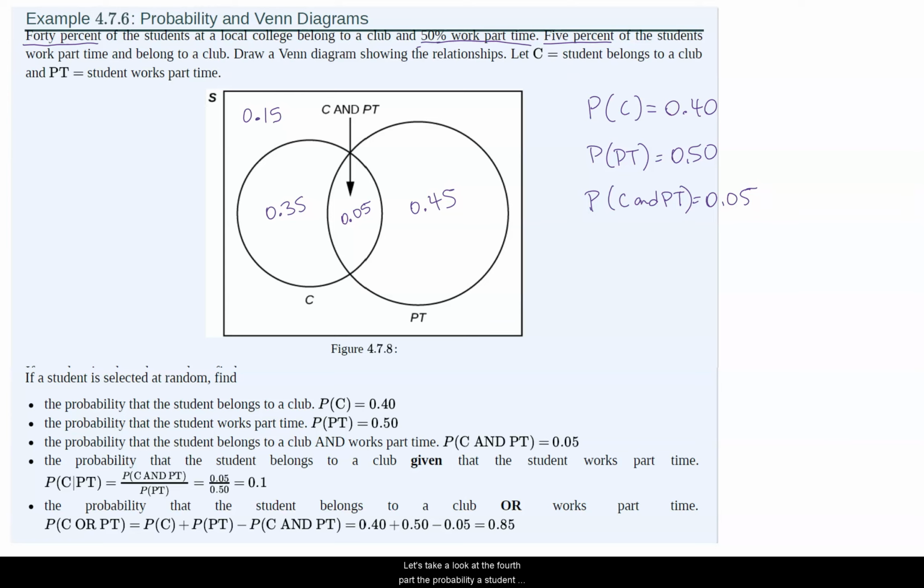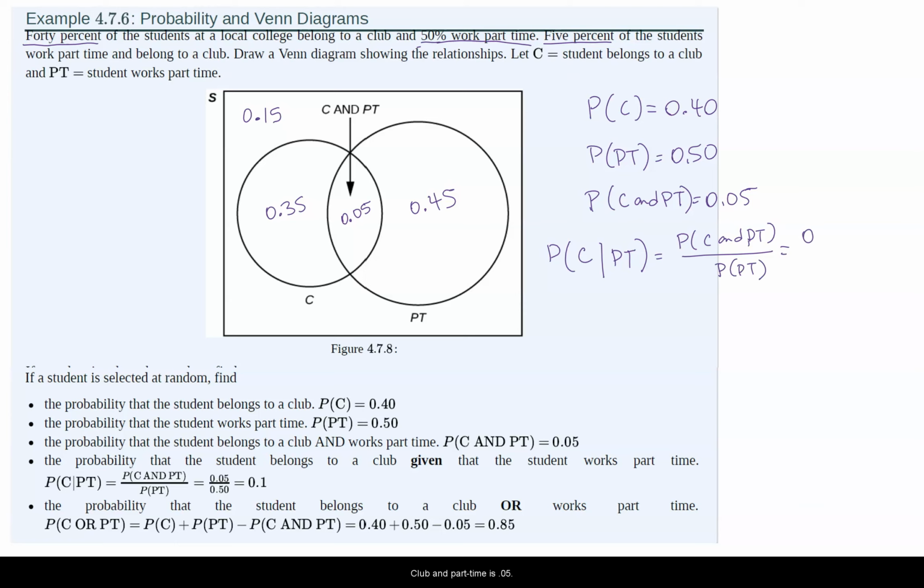Now let's take a look at the fourth part. The probability a student belongs to a club given the student works part-time. So in order to calculate this with our Venn diagram, probability of club and part-time divided by the probability of part-time.